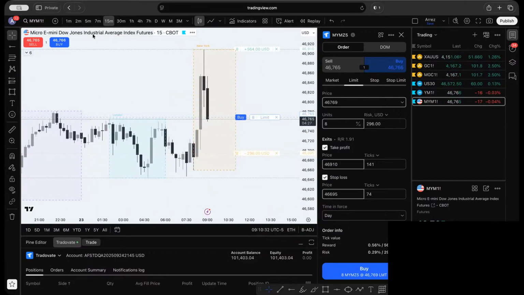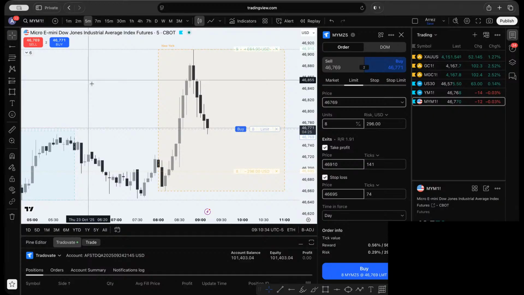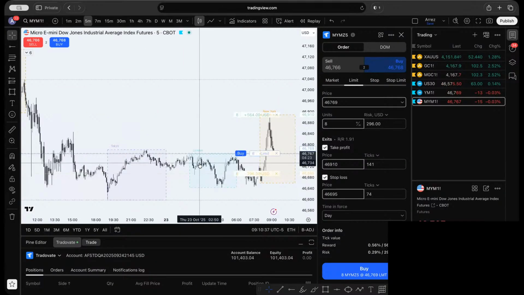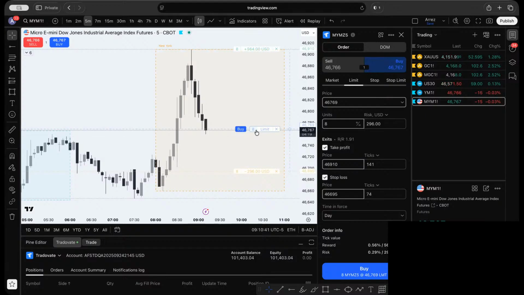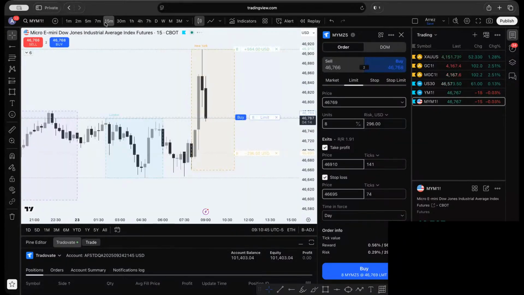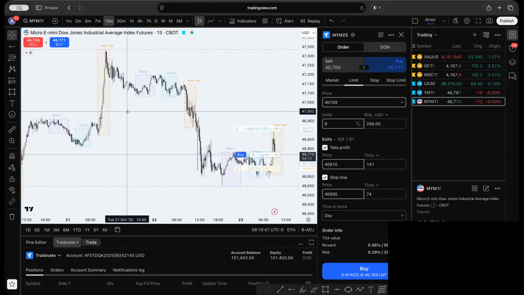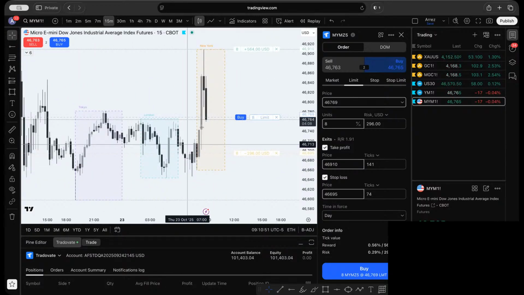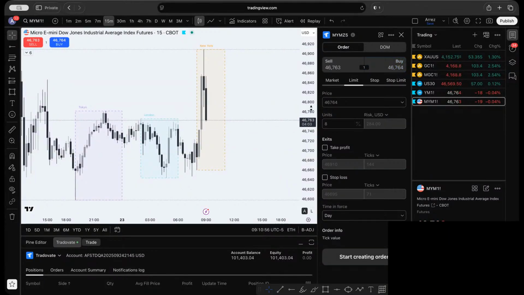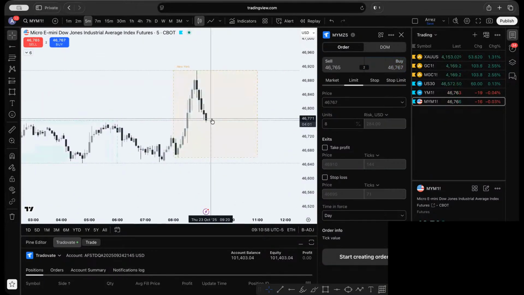So I guess this is where we could see price shoot up from, or this is where we could see price reverse from. But to be honest, I'm in a sell bias, so this trade does not make sense to enter in. What I would like to see is price actually reverse back up here, which I do think is going to happen.